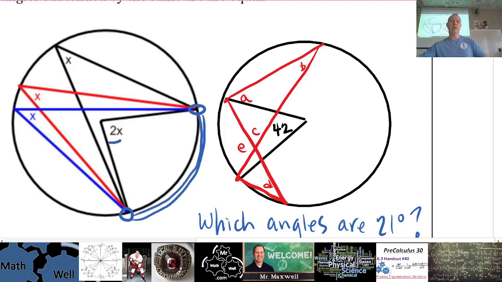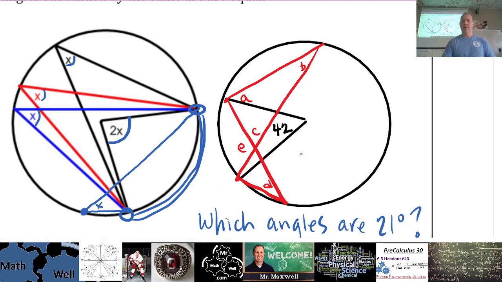So if this is an angle represented by 2x, any of these angles would be 1x. And of course you could keep going. I could go way over here too. And if I drew nice straight lines, I'll do my best, a straight line all the way over to here, and then a straight line all the way over to here, guess what? That is still x, because it opens up to subtend the exact same arc.